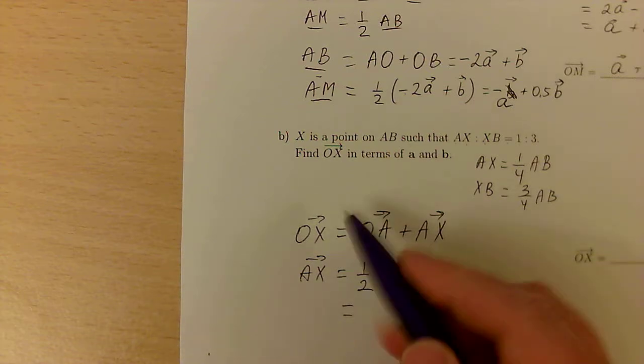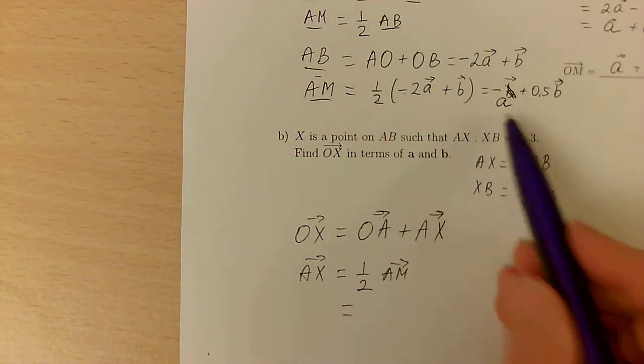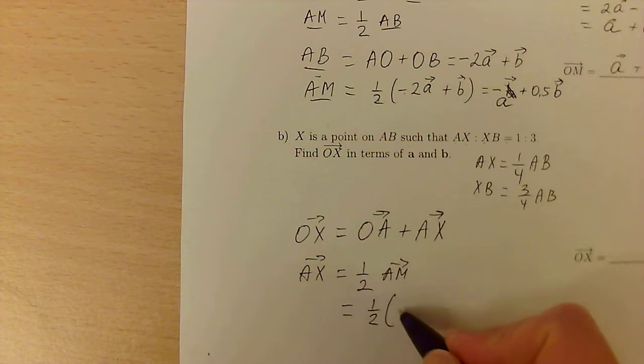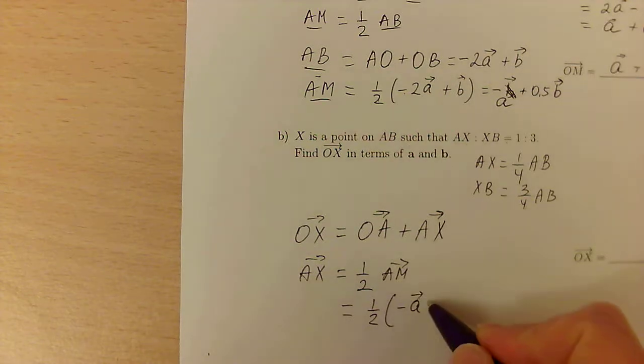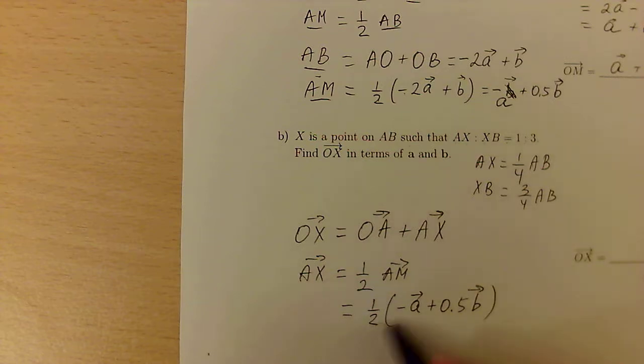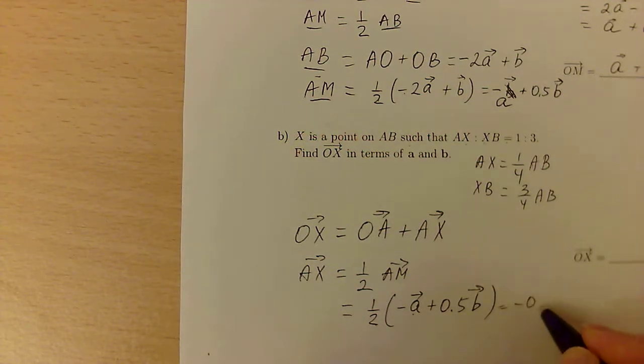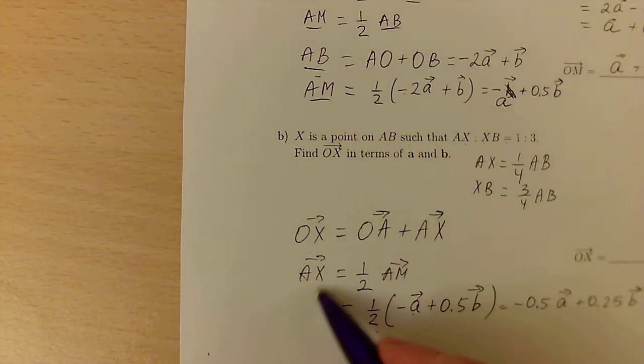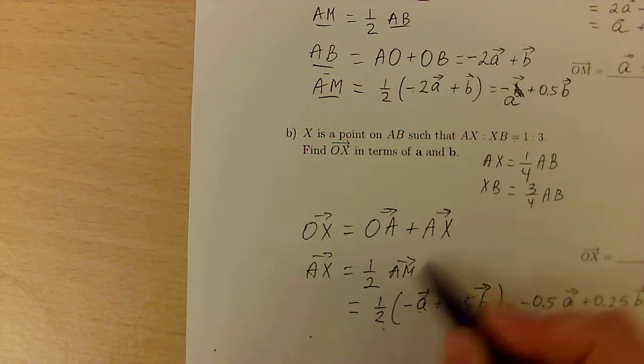But AM, we have found, is minus a plus 0.5b. Let's open the brackets. We get minus half of a, and half of a half is 0.25 of b. So that is our AX.